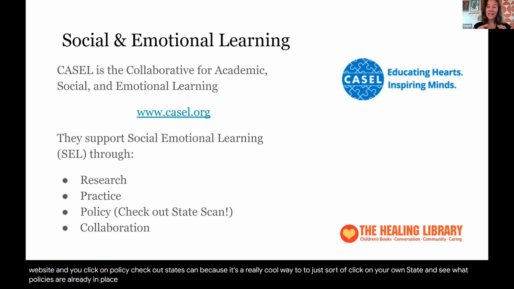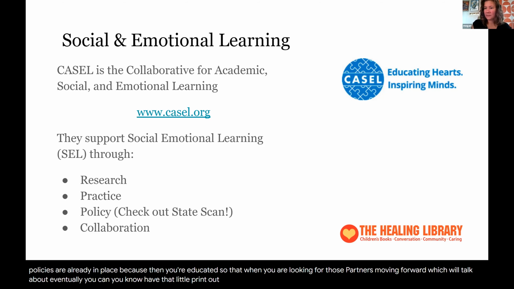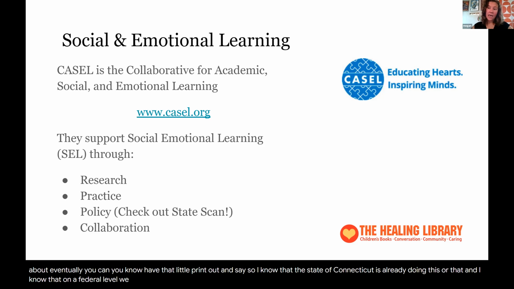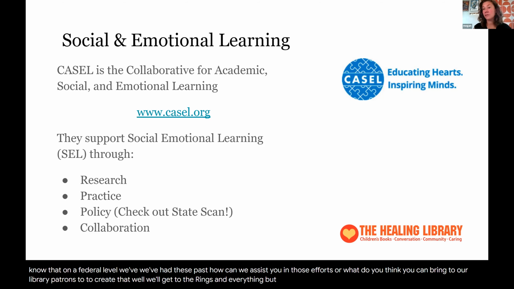Then you're educated so that when you are looking for those partners moving forward, which we'll talk about eventually, you can have that little printout and say, I know that the state of Connecticut is already doing this or that, and I know that on a federal level we've had these passed. How can we assist you in those efforts? Or what do you think you can bring to our library patrons to create, well, we'll get to the rings and everything, but to create the ripple effect that CASEL is really looking for. And then finally, they deal a lot in collaboration.